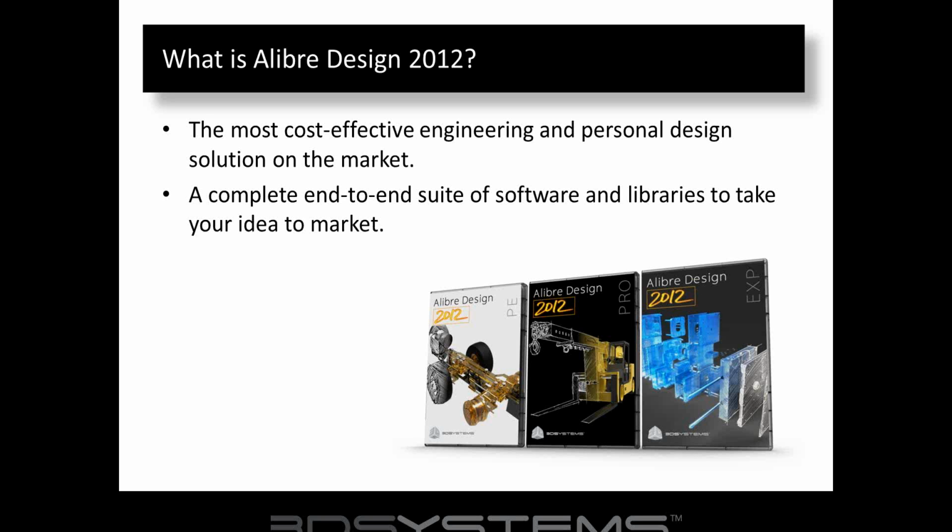Alibre Design offers more functionality in CAD software than you'll see in most of our competitor softwares. It offers a complete end-to-end suite of software and libraries to take your idea into the market.